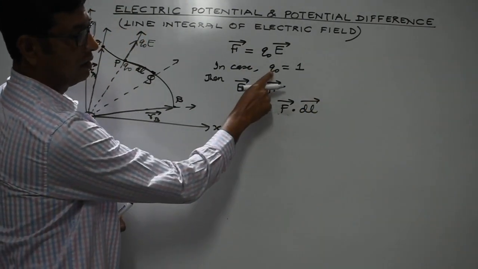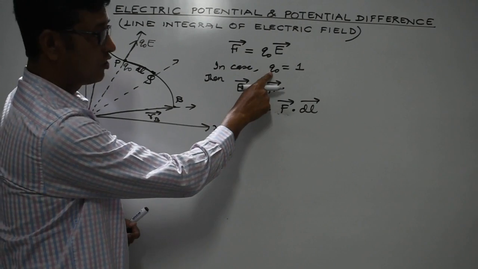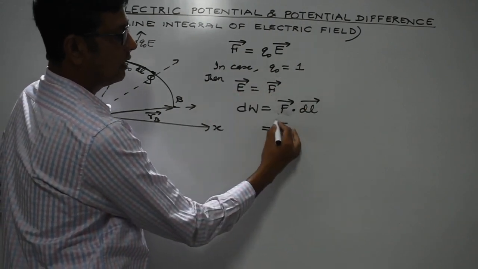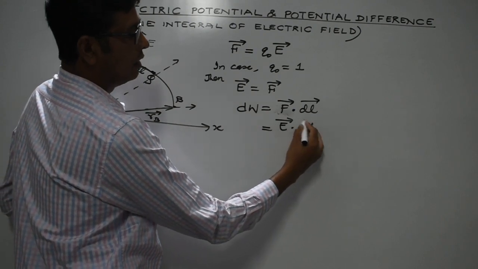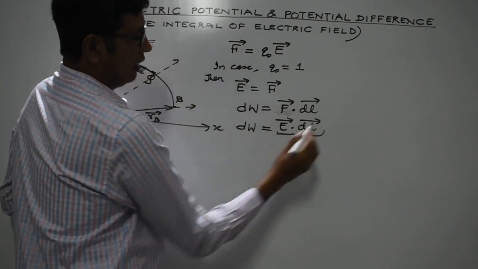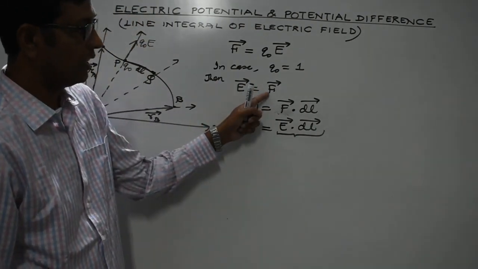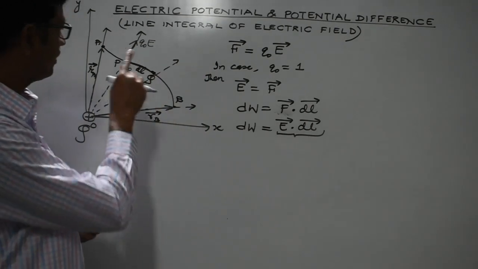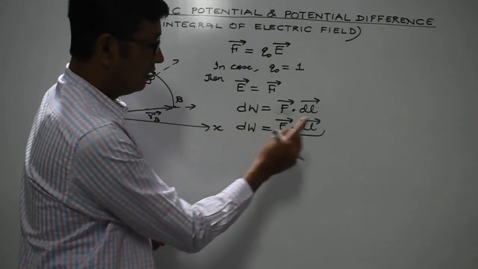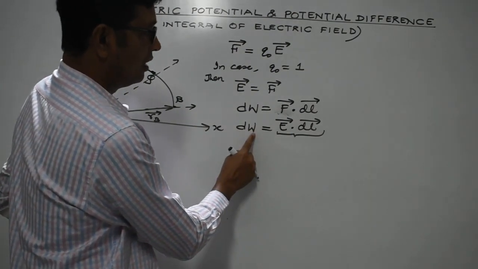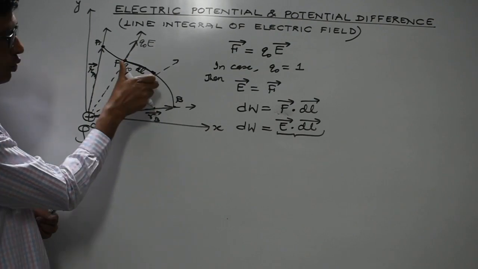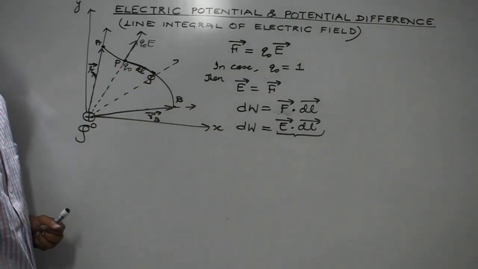In case of the unit positive test charge, we consider q0 to be 1, so F would be equal to E. So, in that case, it will be E vector dot dl vector. What I mean to say is that the E vector represents the electric force experienced by a unit positive test charge placed at point P. E vector dot dl vector represents the small amount of work done in moving a unit positive test charge from point P to point Q through a small distance dl.